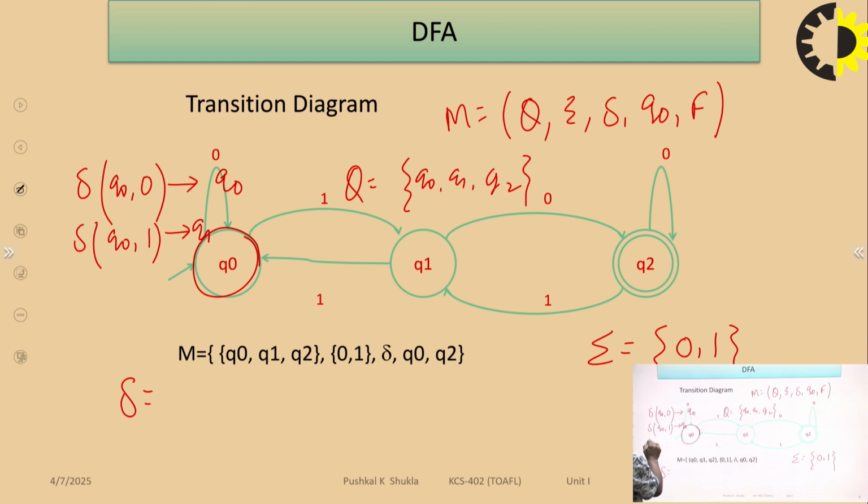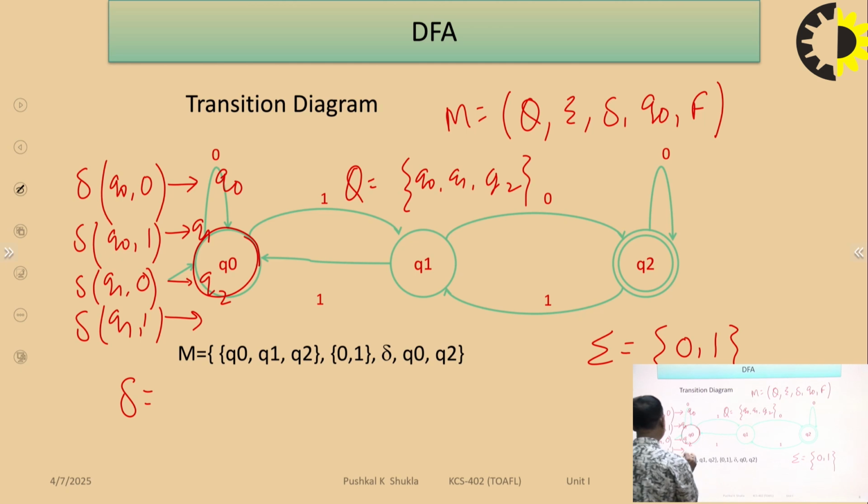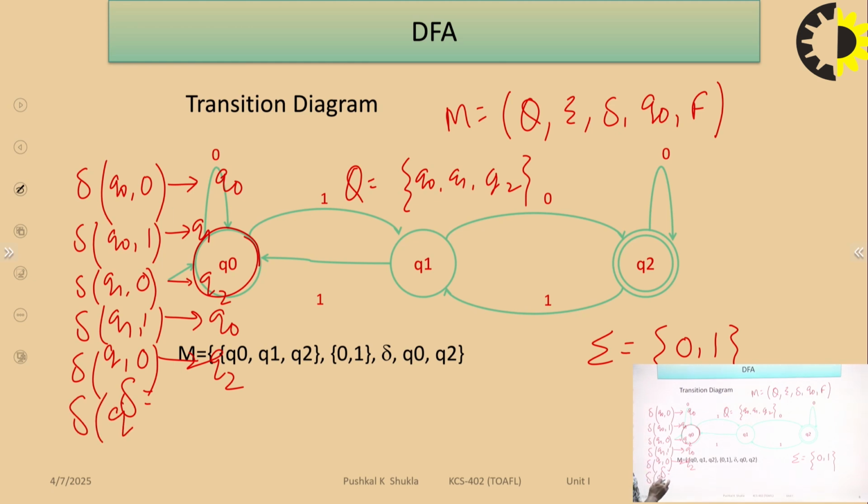Then delta of Q1 with 0 goes to Q2, and delta of Q1 with 1 goes to Q naught. Delta of Q2 with 0 goes to Q2, and delta of Q2 with 1 goes to Q1.